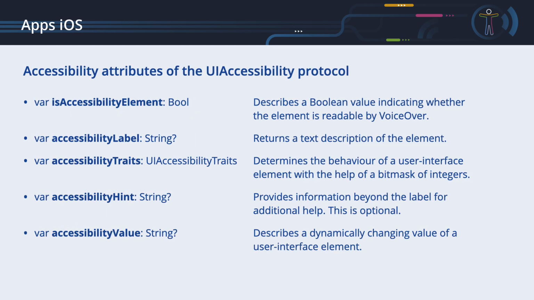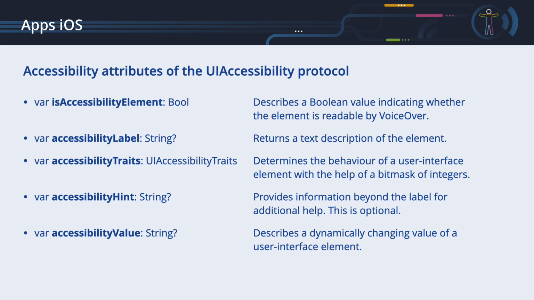Accessibility attributes of the UI Accessibility Protocol. The accessibility attributes of the UI Accessibility Protocol convey information relating to user interface elements and must be implemented by the app programmer. The attributes are as follows. The isAccessibilityElement attribute describes a Boolean value indicating whether the element is readable by VoiceOver.